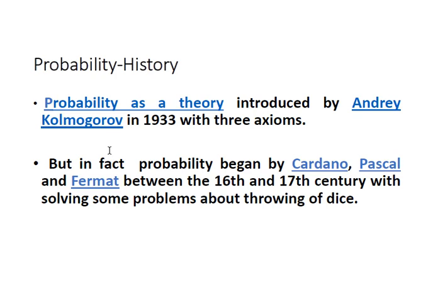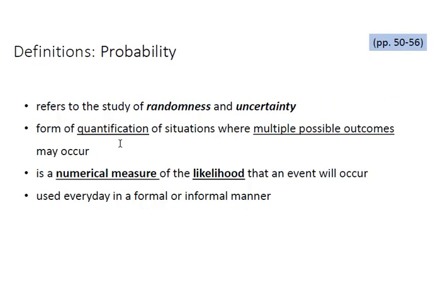Okay, probability as a theory was introduced by Kolmogorov in 1933 with 3 axioms, but in fact probability began with Cardano, Pascal and Fermat between the 16th and 17th centuries, solving some problems related to gambling, for example problems about throwing dice. But what is the definition of probability?